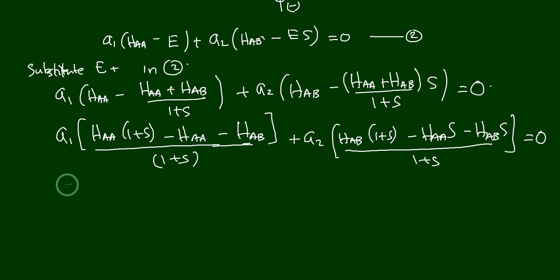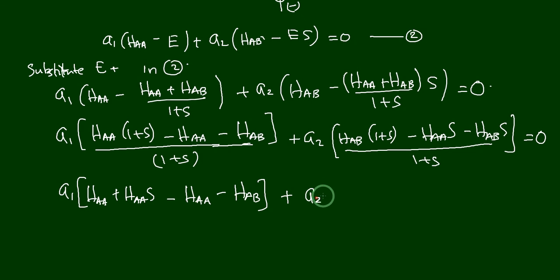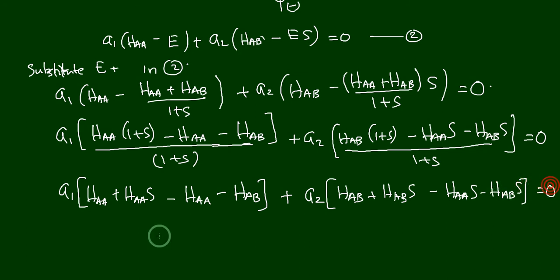So I get the equation A1 into HAA into 1 plus S, that is HAA plus HAA into S, minus HAA minus HAB, plus A2 into HAB into 1 plus S, that is HAB plus HAB into S, minus HAAS minus HABS, and that is equal to 0.